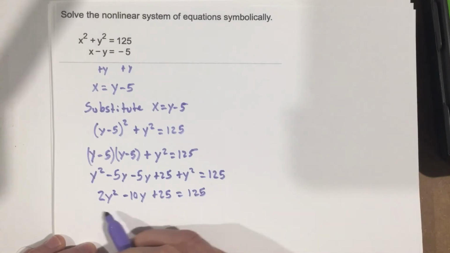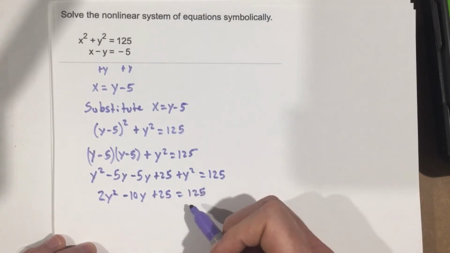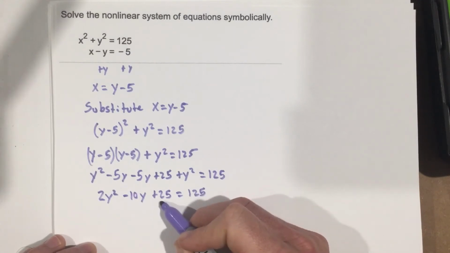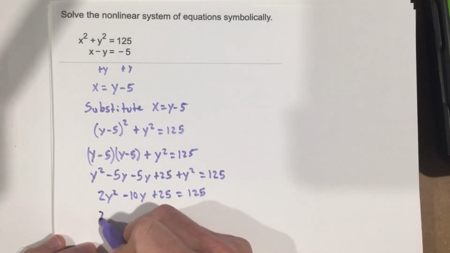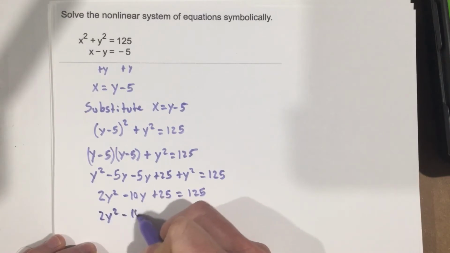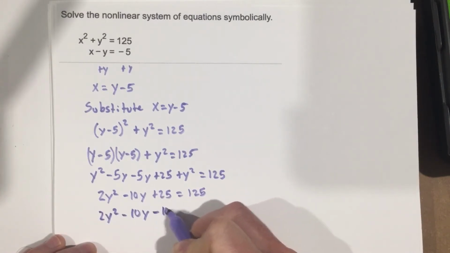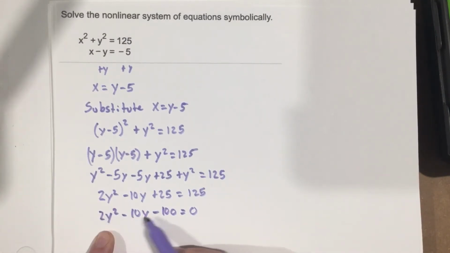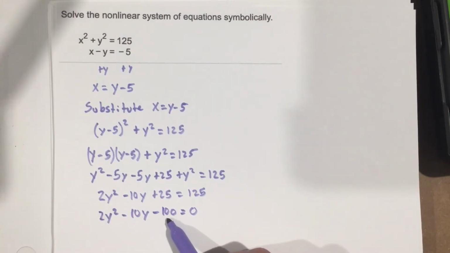Subtract this over, because it's a quadratic, we want to get this so it equals 0. So let's subtract 125 over, and that'll be 2y squared minus 10y minus 100 equals 0. All right, now because I have all even terms here, I'm actually going to divide each of these by 2.